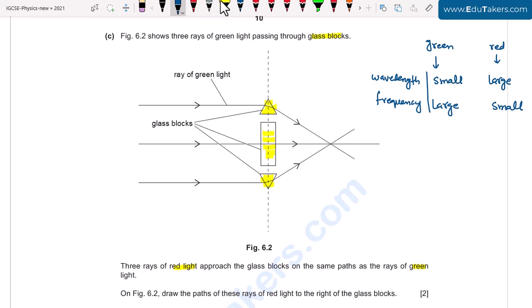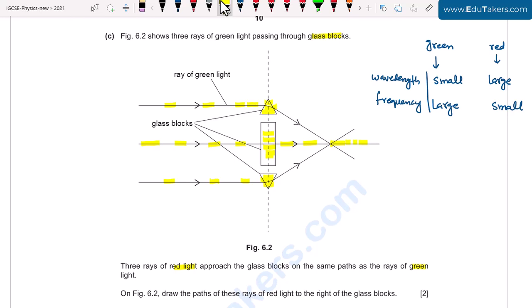So here we can see that the green ray coming and passing through the glass block without any deviation, that is the central ray. If you consider this ray, that is first, it is refracted by this glass block and bent. Similarly, the third ray is refracted by the glass block and bent, and both of these rays meet at a point.